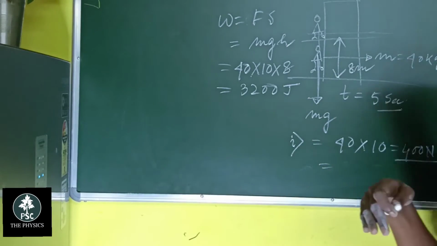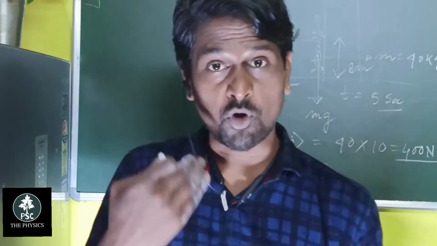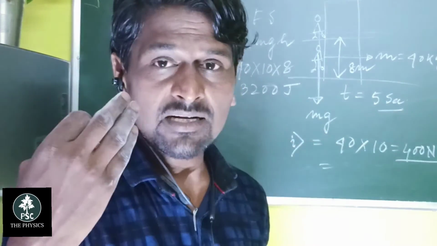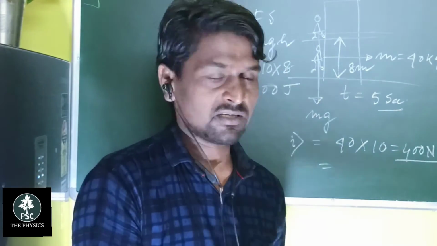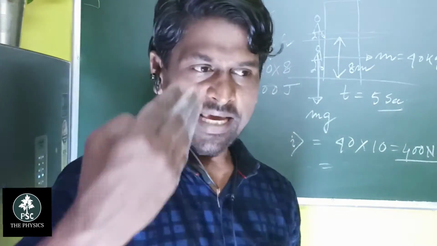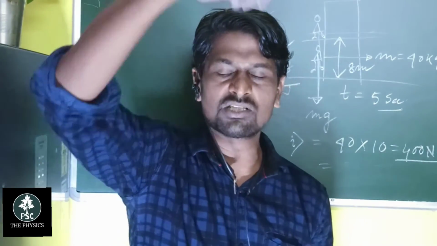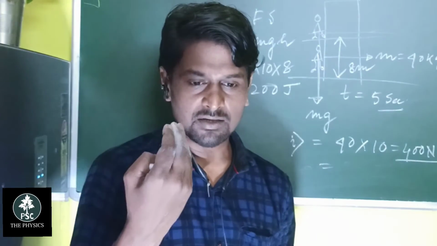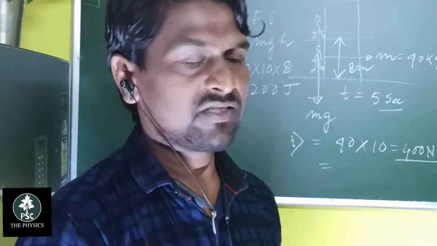What is the work done by the boy? This is 3200 joule. But if I say what is the work done by gravity, then it is negative, minus 3200 joule. So against gravity, the boy is doing some work, that is positive, but the work done by gravity is negative.